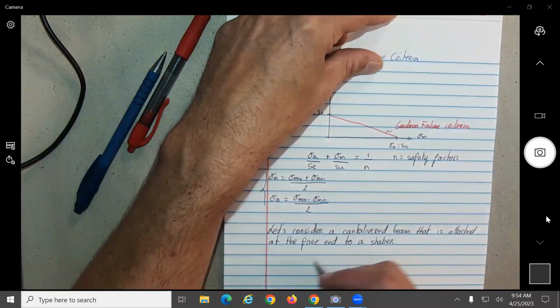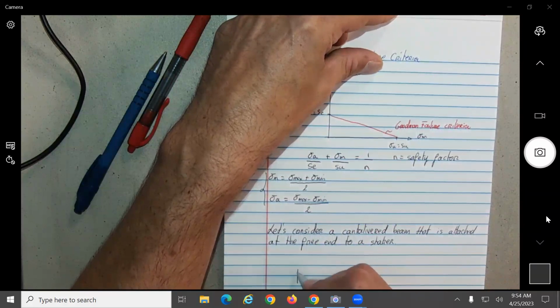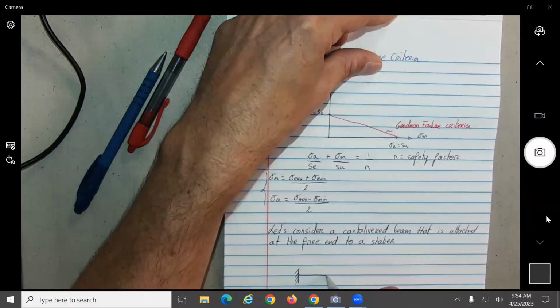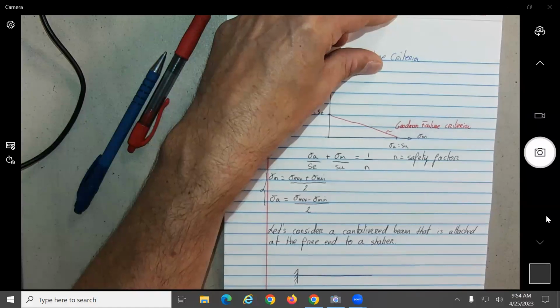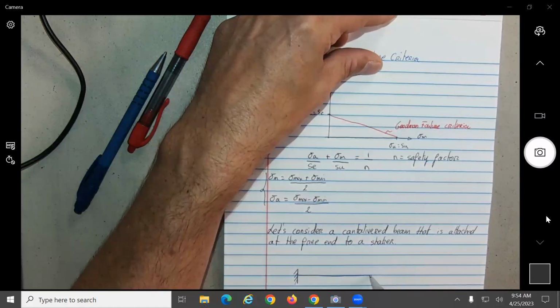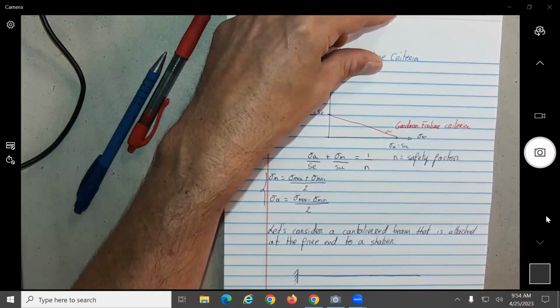Again, I'm making it up. So if I do some type of plotting, let's say this will be our cantilever beam. I'm going to make it a bit longer, so I have more space to do a figure here. Okay, that doesn't mean it's that long.